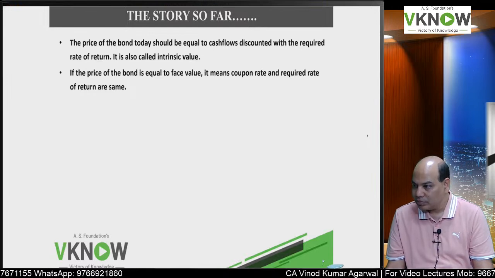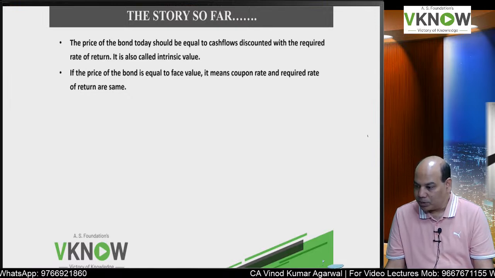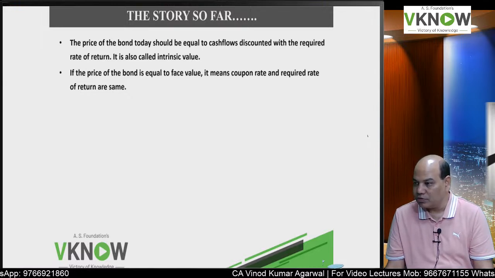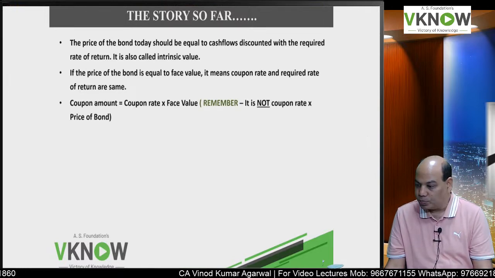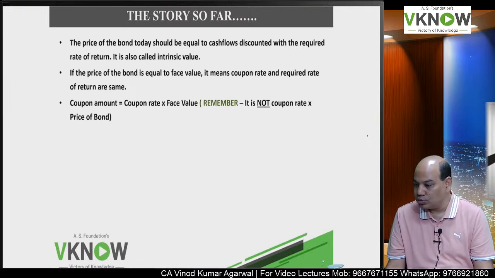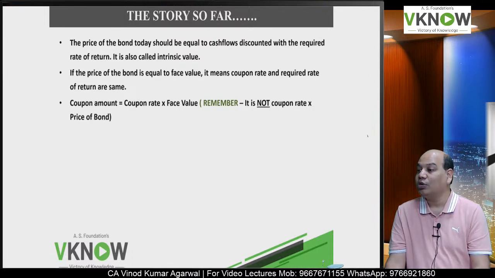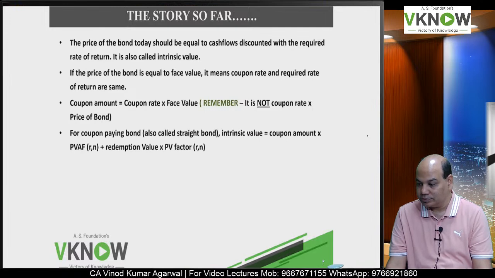That is also called intrinsic value. The price of a bond is equal to face value when coupon rate and required rate of return are the same. Coupon amount is equal to coupon rate into face value. Do not multiply coupon rate into price of the bond.